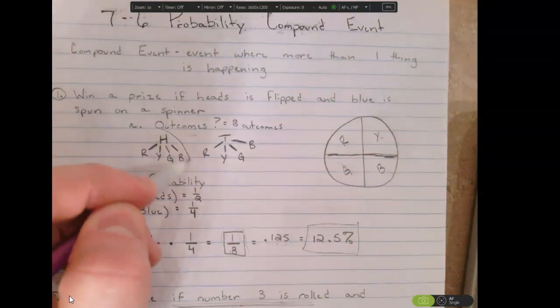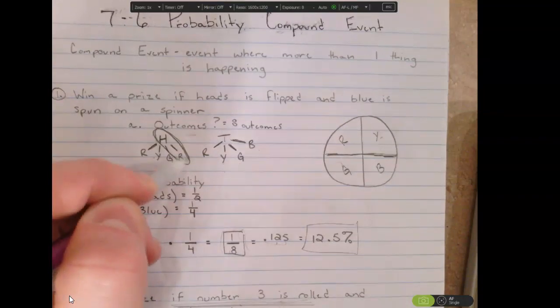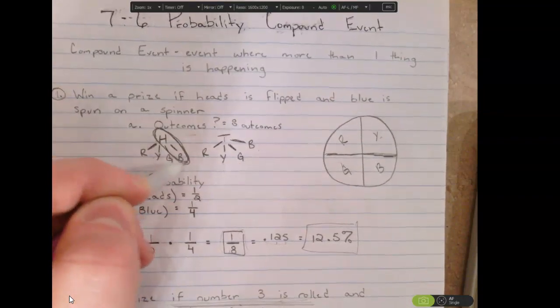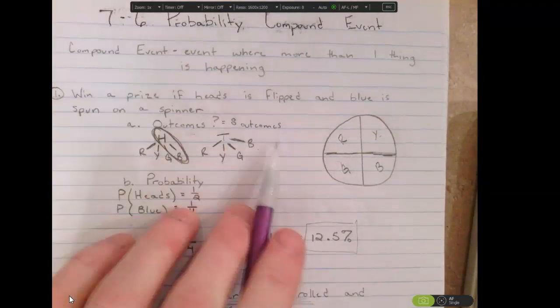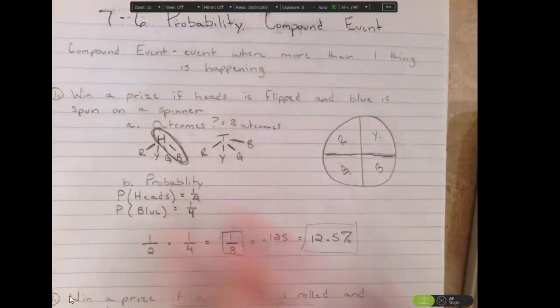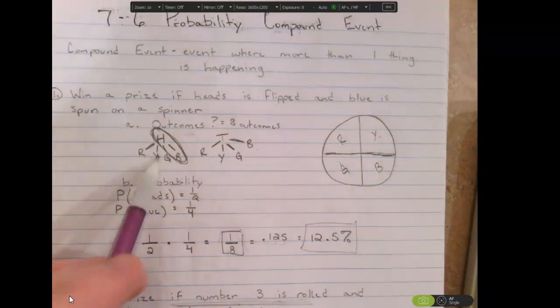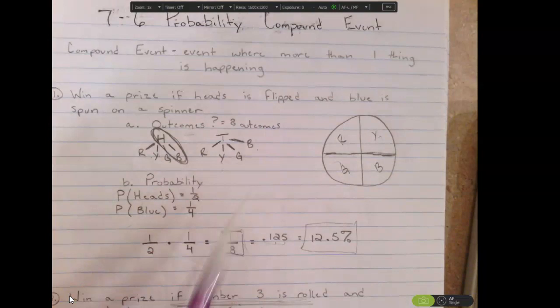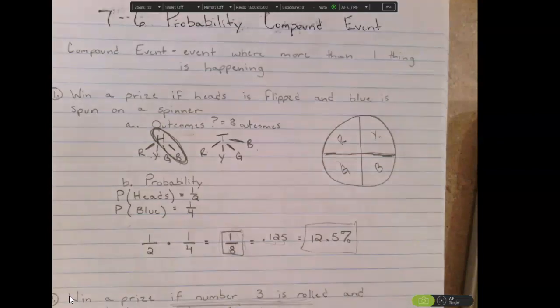There is only one outcome that results in heads and blue. There's not another one of them up here that is both heads and blue. So I only have one option out of 8 total. And hey, it matches up with my fraction. So that's kind of why this makes sense in how it happens.